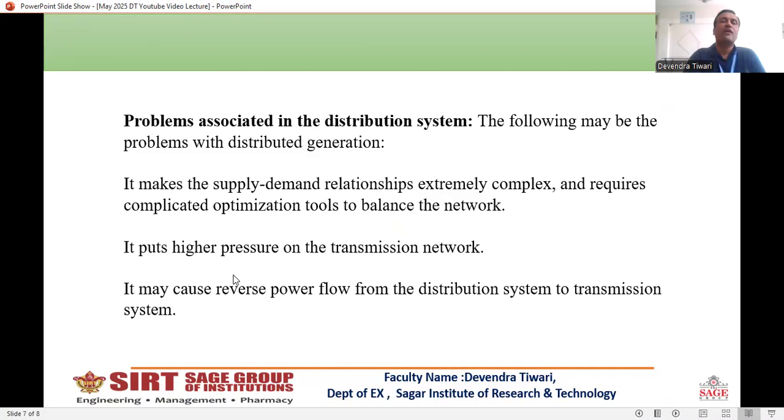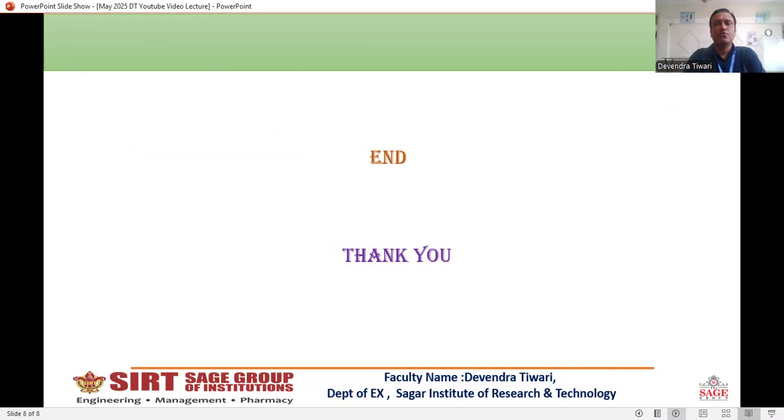Also, it puts higher pressure on the transmission network, and it may cause reverse power flow from the distribution system to the transmission system. So these are some small limitations of the distribution system.